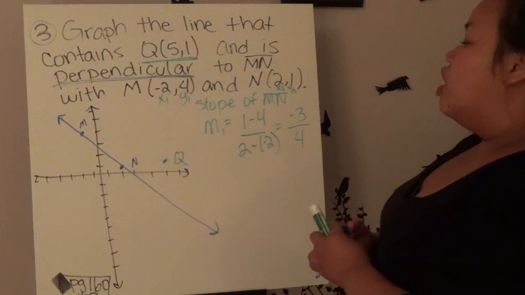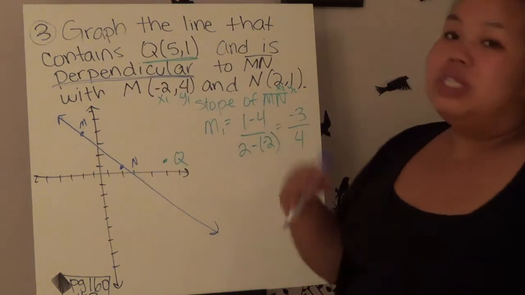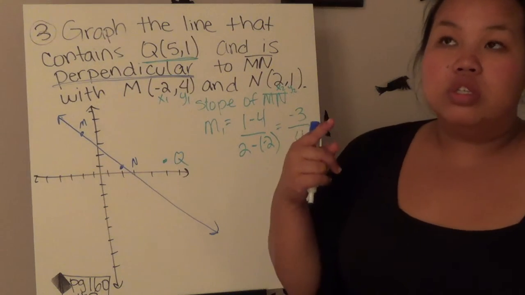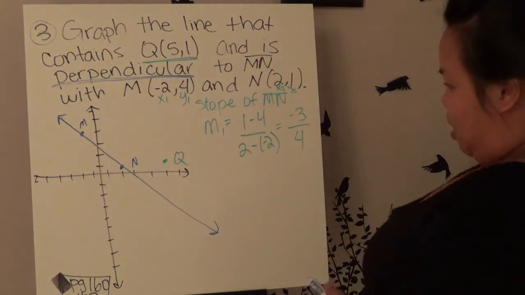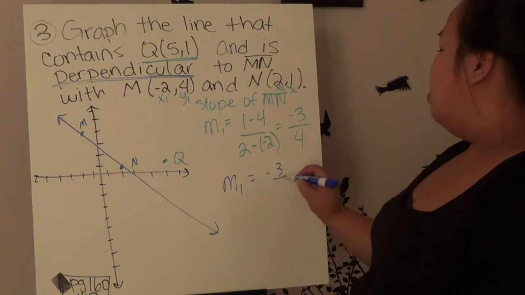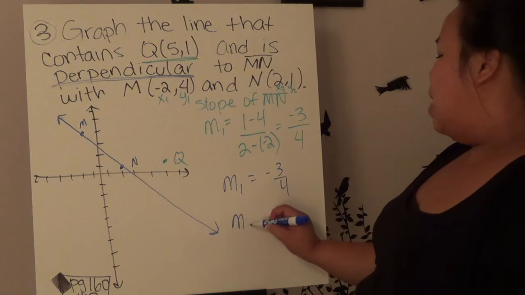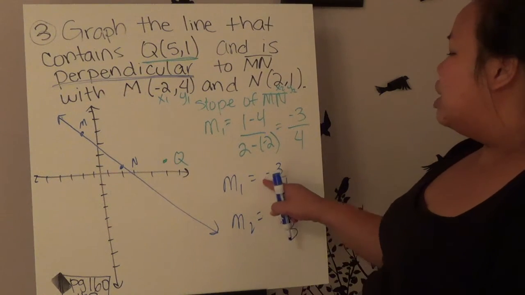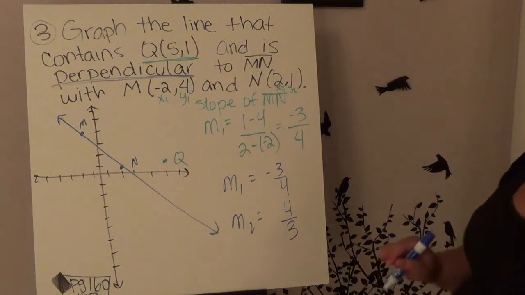What it's asking for is perpendicular. And perpendicular is the negative inverse, sorry. So that means I'm going to take my m1, which is negative 3 over 4, and flip it. So instead of 3 over 4, I'm going to have 4 over 3. And since this is a negative, I'm going to go positive, right?